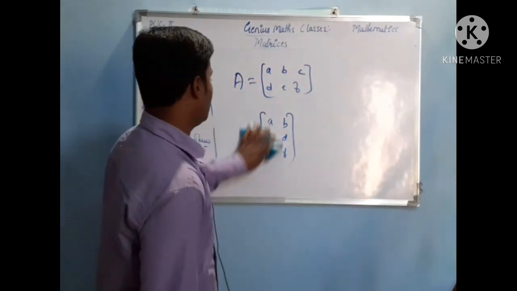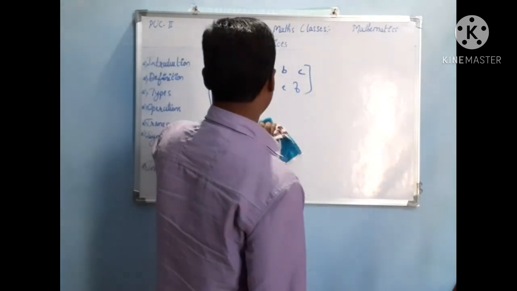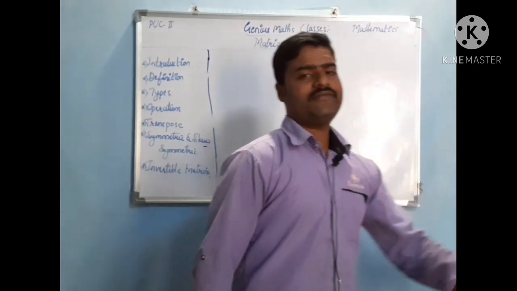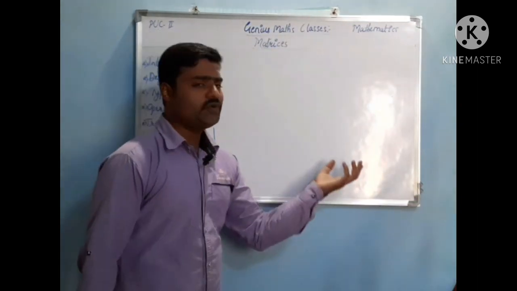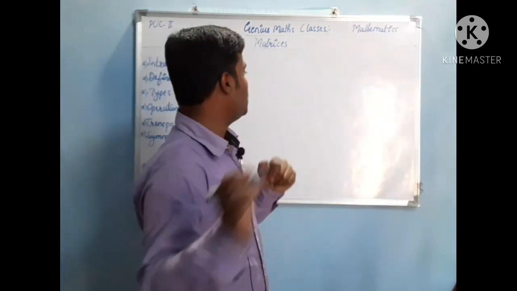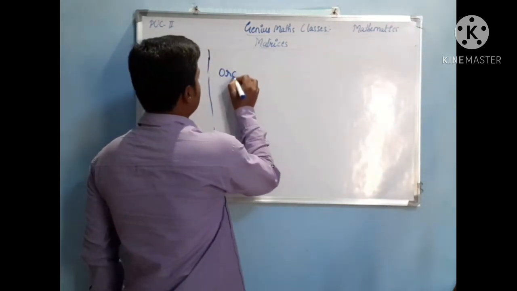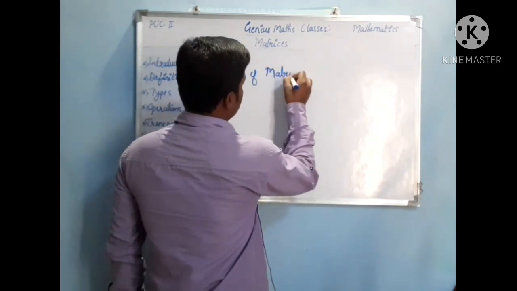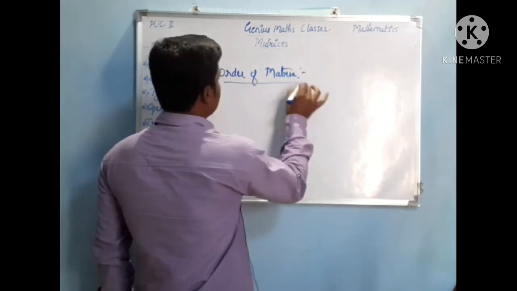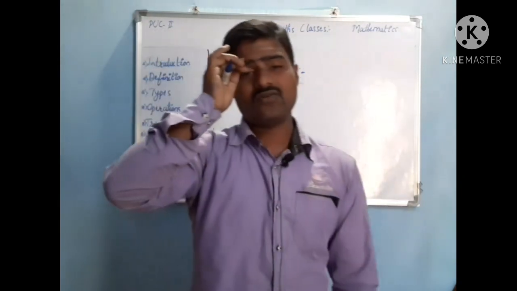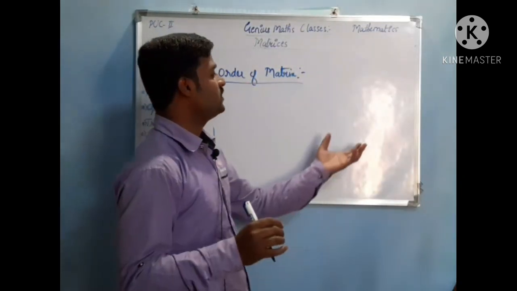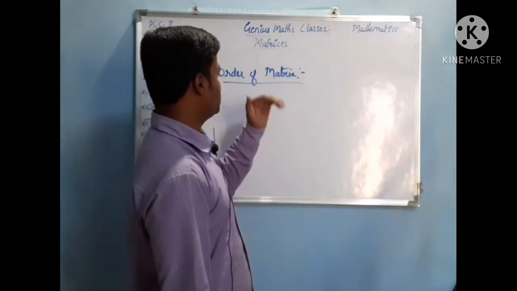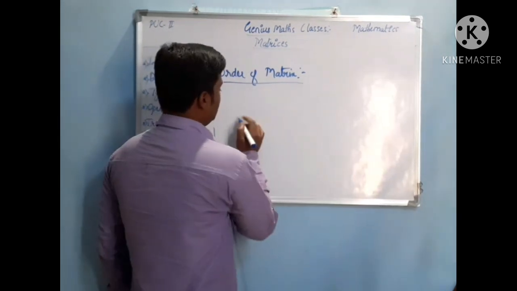Now we have to write the order of a matrix. Once we have the definition of a matrix, it is important to know about the order of the matrix. So what is the order of this matrix? Using the concept of some examples, I can define the order of a matrix.